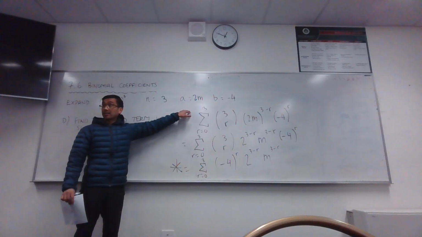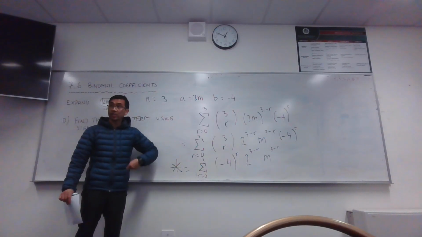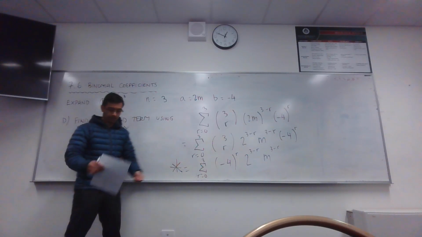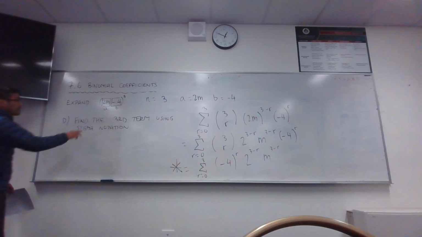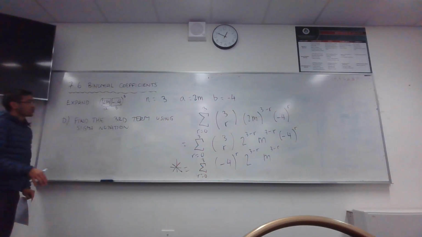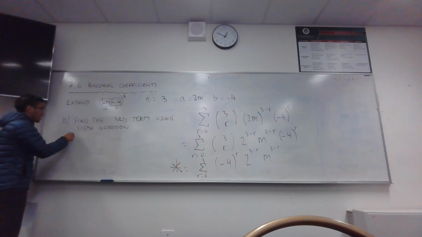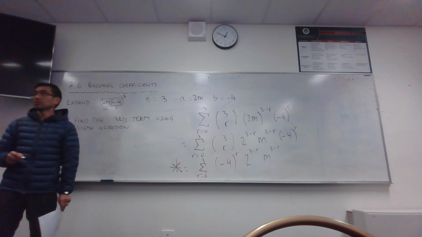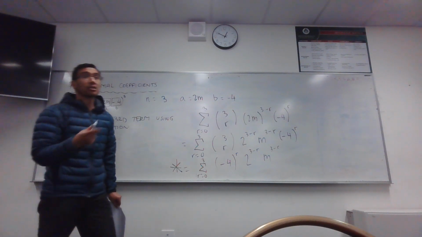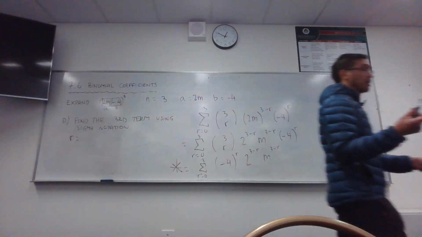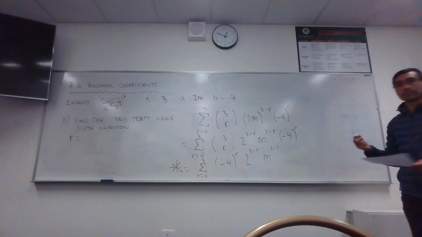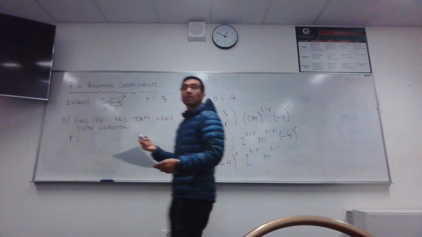It started off a bit basic, now it's getting really specific. We can just chuck things into it. It's a machine. So, if I want to find the third term using sigma notation, what R am I going to look for? Is it 0? Is it 1, 2, or 3? The third term.